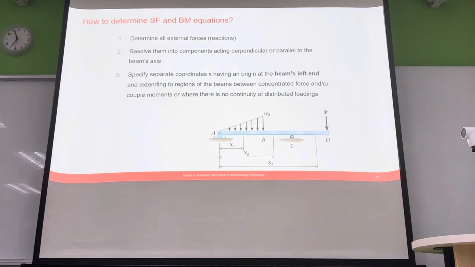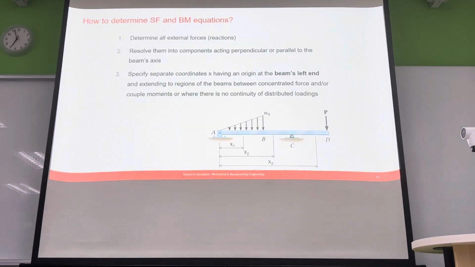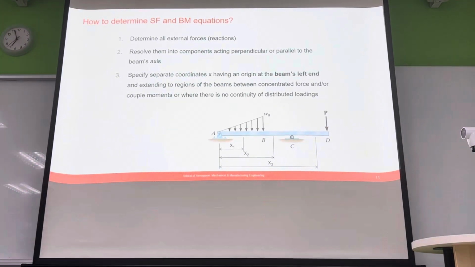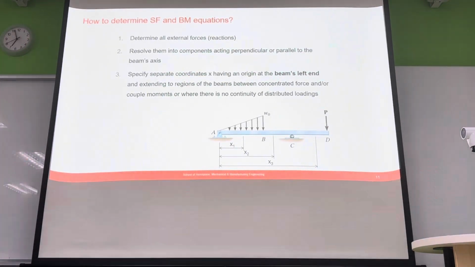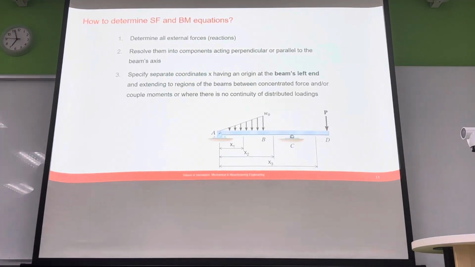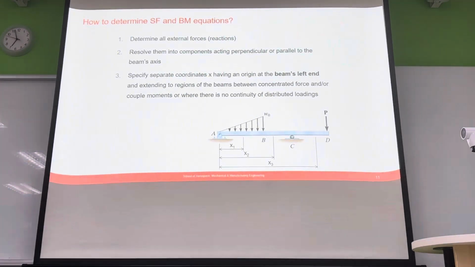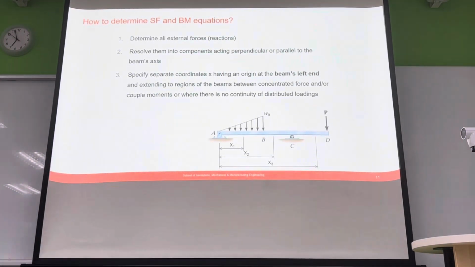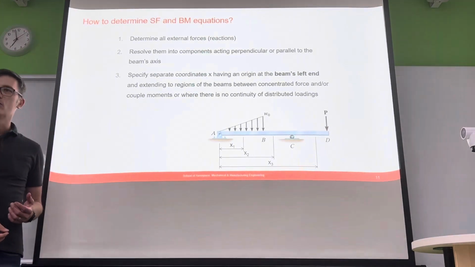One thing to note is that anytime you have this concept of discontinuity. It'd be a lot easier for us if we could just have one equation, or one relationship, which tells us as we move from this end here A to the end D, if we call that our x-axis, what was the value of the shear force and what was the value of the bending moment.